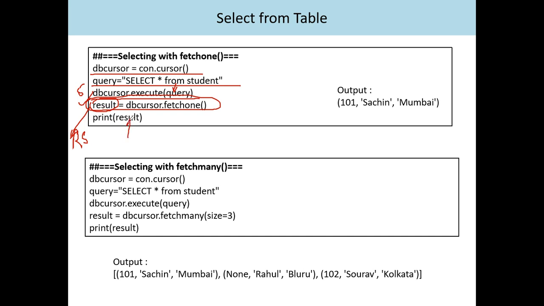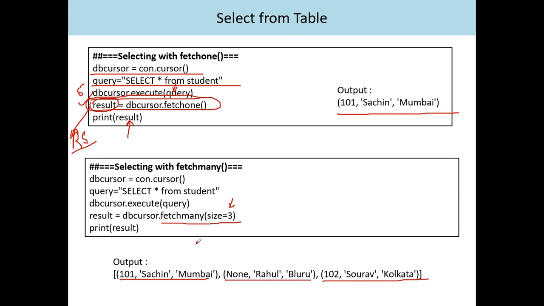Here I just print the result set, so it will print the output as tuples. All the records will be fetched from the table as a set of tuples. Here I have used fetch many, and we give size as 3, so it is fetching three consecutive records and returning them as tuples.